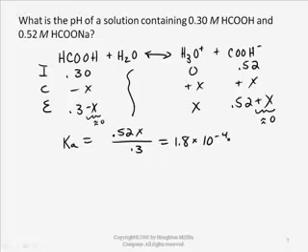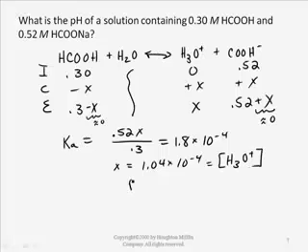Okay, and so I get an x of 1.04 times 10 to the minus 4. That's our hydronium concentration. So the pH then would be 3.98. Okay, so let's look at Henderson-Hasselbalch and see if we get the same value.